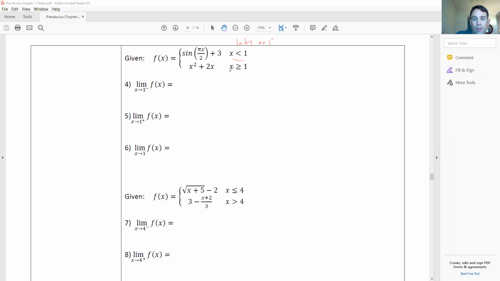When we are dealing with greater than, that's going to be from the right side or from the positive side. So here we go. Limit as x approaches 1 from the negative side of f of x. So that means we're going to be using this function right here.